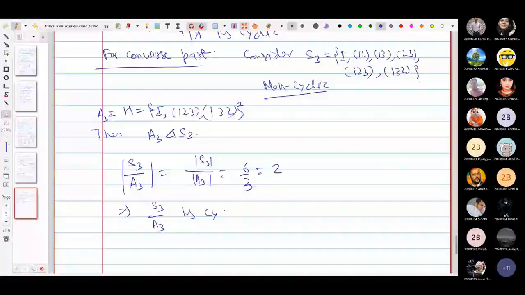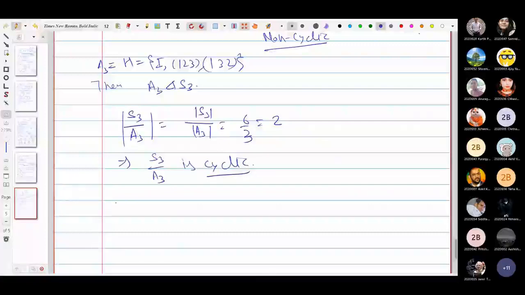That is, if the index of some subgroup H in G is equal to 2, then this S3 by, not S3 but, just a minute. Not index, we can use some other thing also. We need not use that index kind of thing.